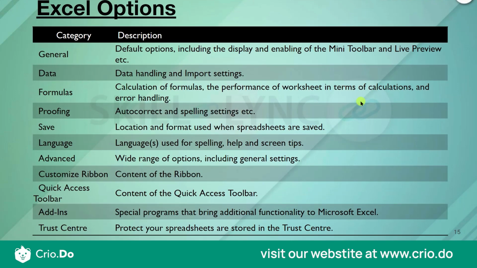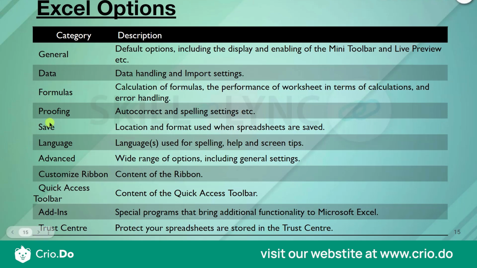Next, we have some other options, very generic options. These options actually decide the working of Microsoft Excel. So in these options, we have different categories. These categories are general, data, formulas, proofing, save, language, advanced, customize ribbon, quick access toolbar, add-ins, trust center.